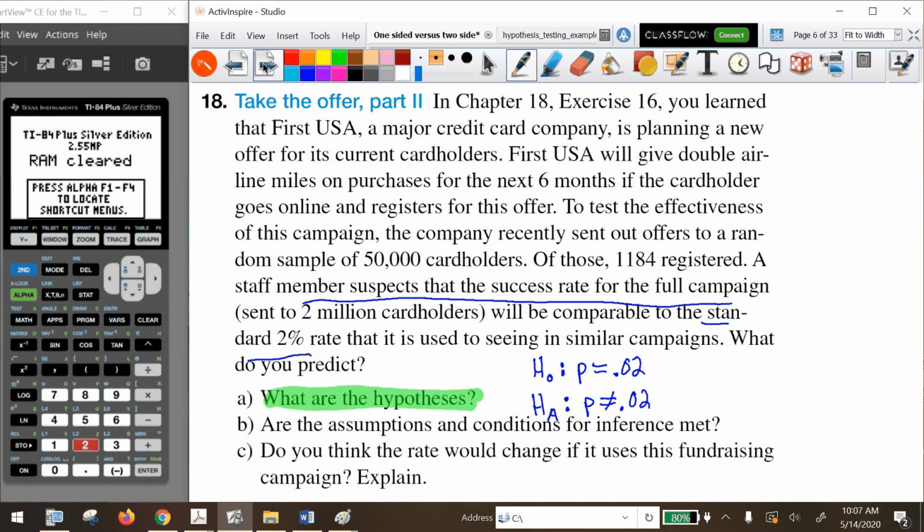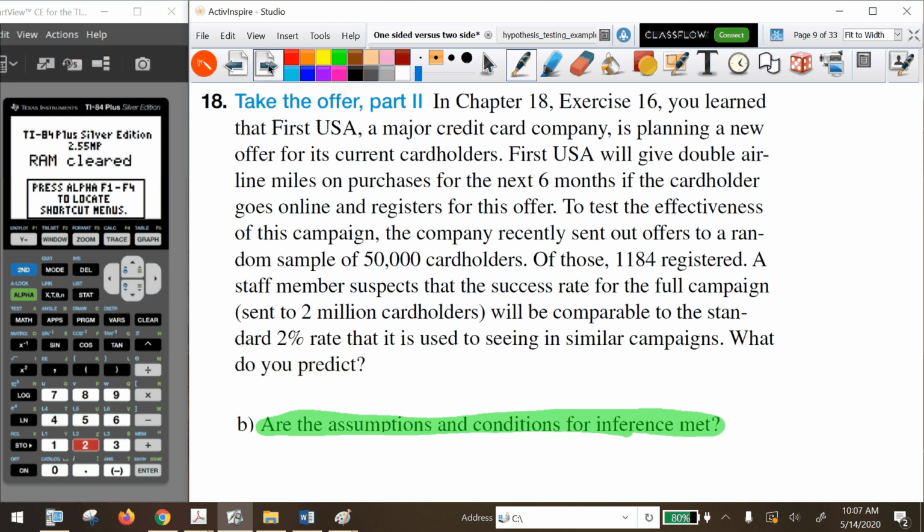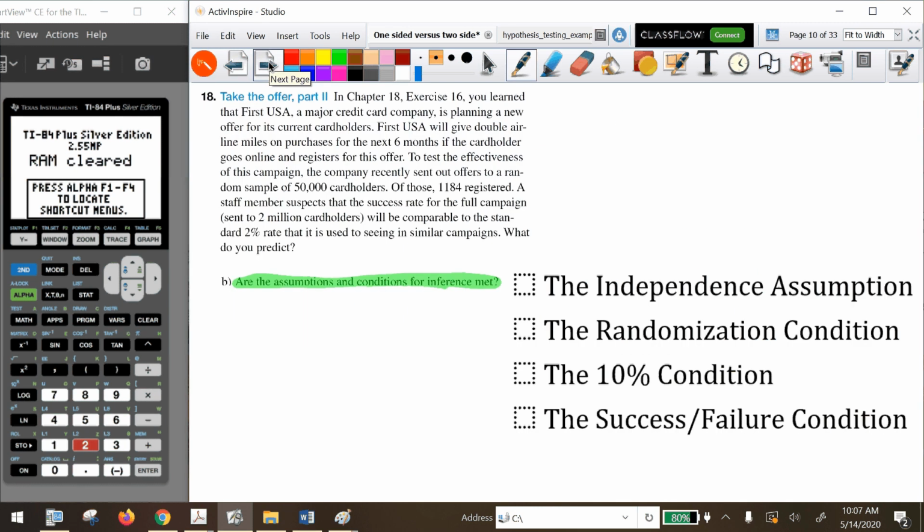So let's keep going. We have our null and alternative hypotheses. Are the assumptions and conditions for inference met? Well, we have to look at these conditions. The independence assumption, the randomization condition, the 10% condition, and the success failure condition.